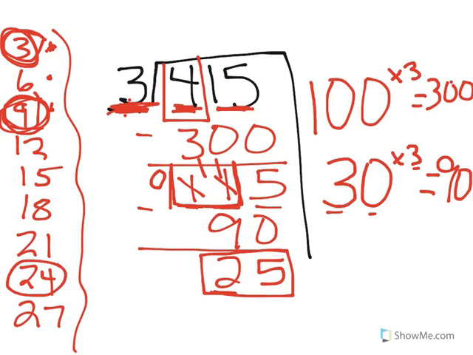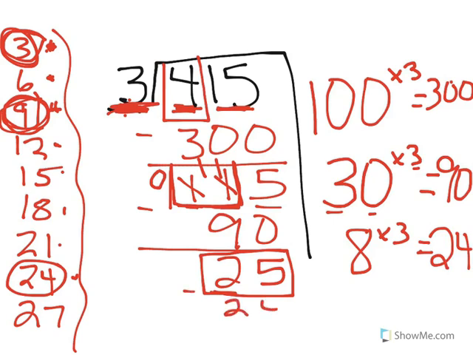Well, 24 is the closest I can get without going over. So let's count that. So we have 1, 2, 3, 4, 5, 6, 7. It takes 8 multiples of 3 to get to 24. So I'm going to put a big 8 times my little tiny 3 equals 24.